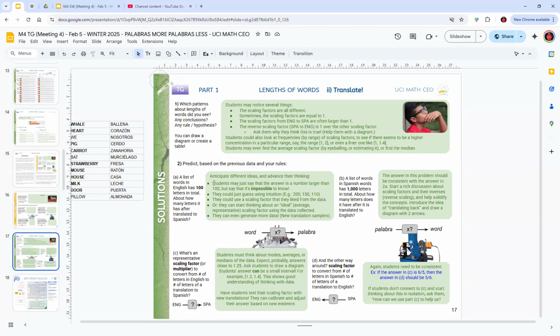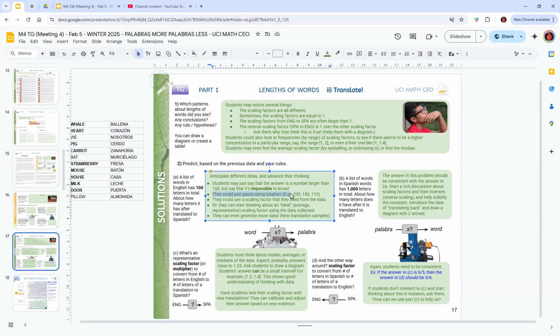So students may start saying that it's just a number larger than 100. Okay, that's good, but it's impossible to know. Fair enough, we don't have the text, but I guess it's predicting, so we can do better. Okay, they could guess just using intuition, 200, 150, 110, just because, not much justification. At that point, you have to tell them to look at the data.